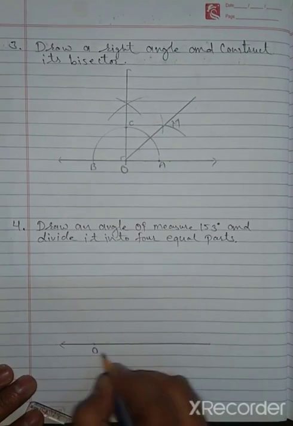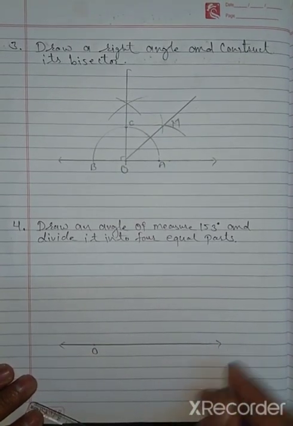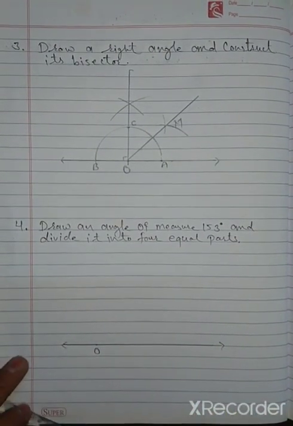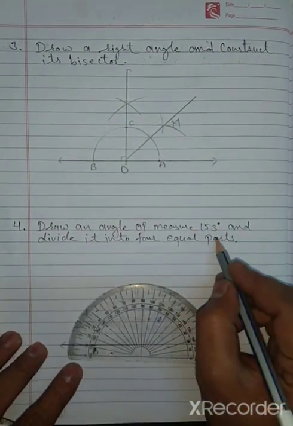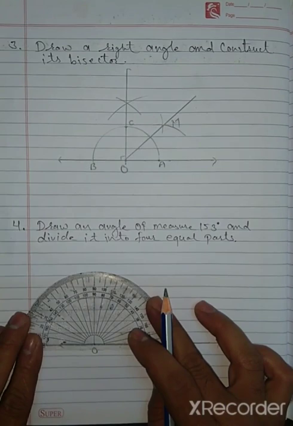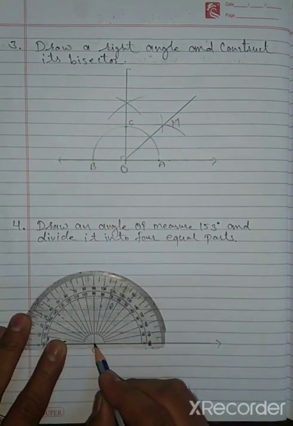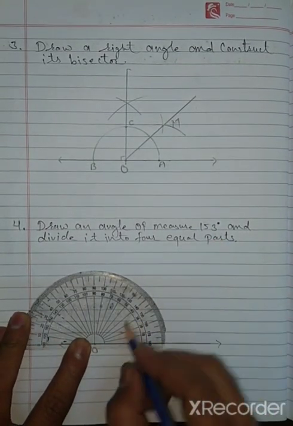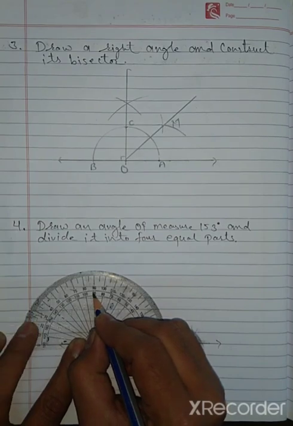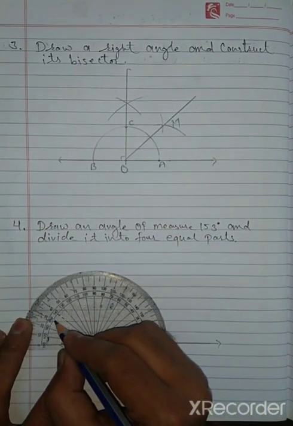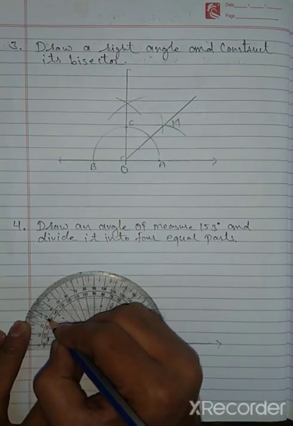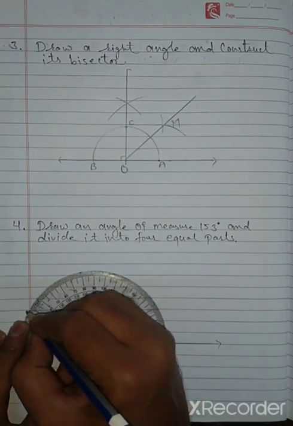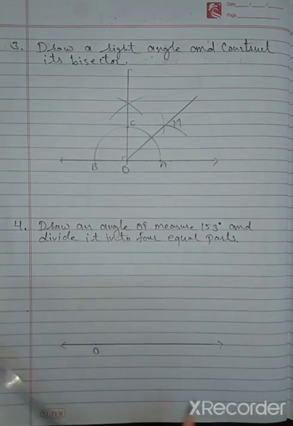Take a point here, O. Now we will use our protractor to make an angle of 153. Place it on the center O. Now 153 is more than 90, so it is an obtuse angle. So 150 here, and this is 153. Now join this line.